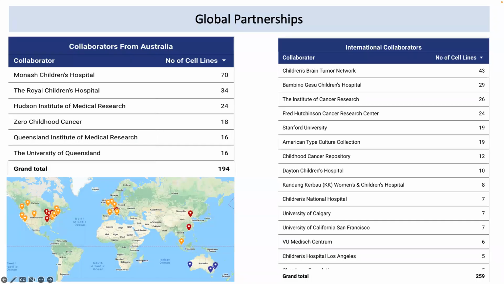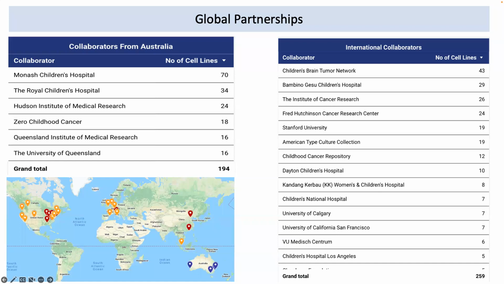We quickly realized that we couldn't really do this on our own in Australia. This type of effort would really require an international global partnership with many organizations. I think you can see here that the Children's Brain Tumor Network in particular has been a fantastic resource for us, and a great partnership, both in terms of providing these models, but also at the intellectual level as well.